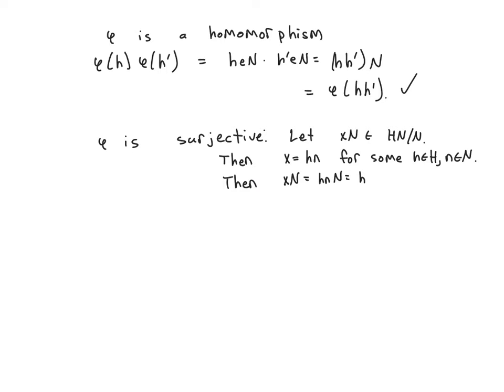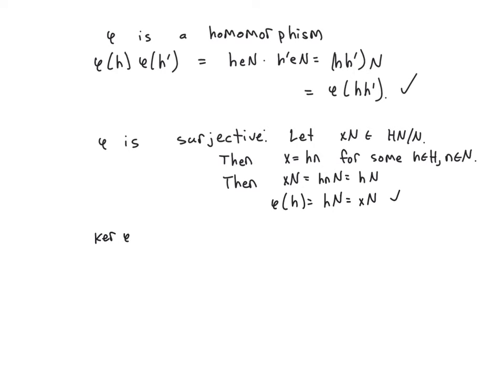It's just hN. The point is these two cosets are the same, because little n is already an element in this subgroup. And so phi of h is hN, which is xN. So it is surjective.